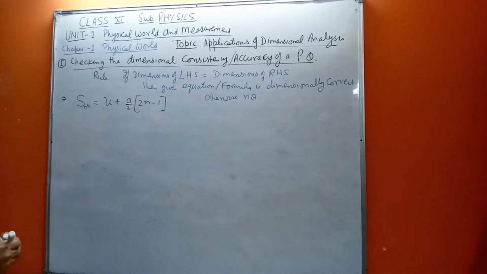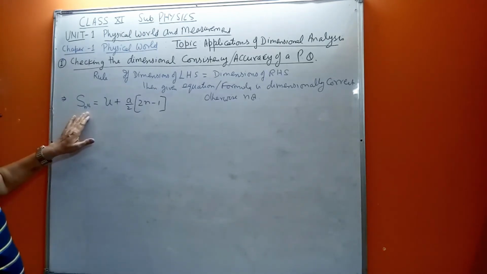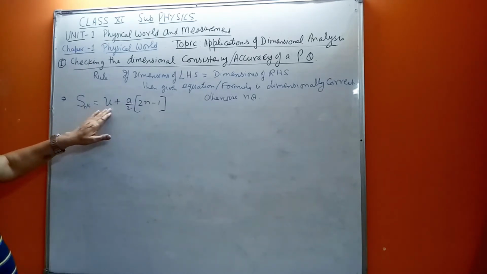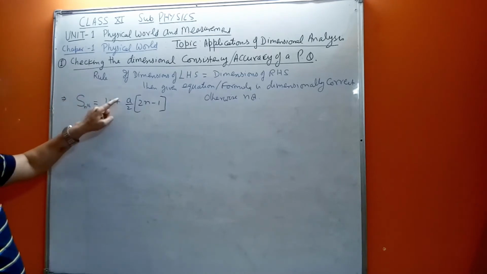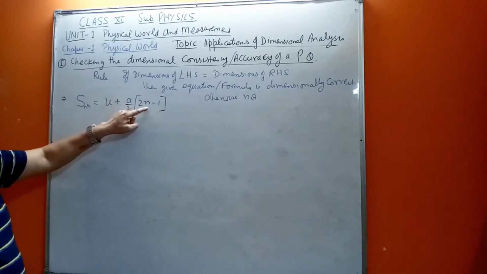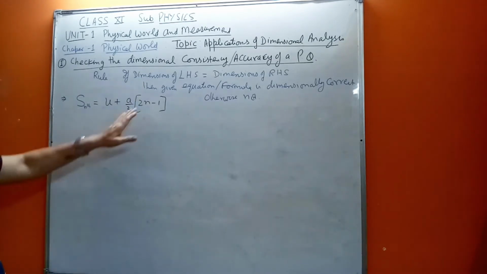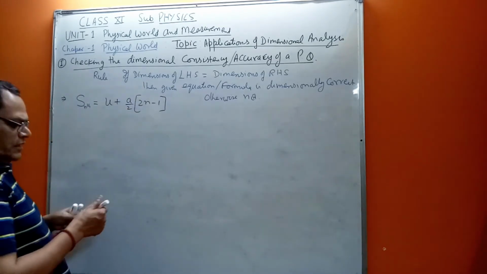This is the formula for the distance covered by a moving body or particle in the nth second, where u is the initial velocity, a is acceleration, and n is the nth second. That is basically the time.